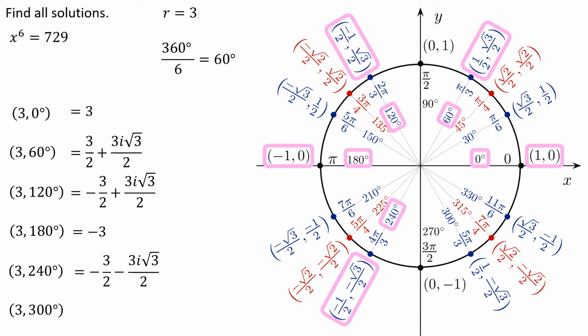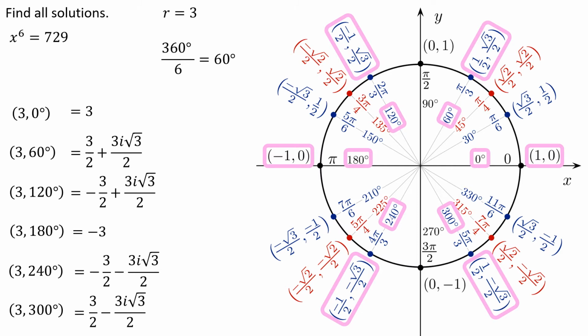We keep reusing that 3/2, although sometimes it's positive 3/2, sometimes it's negative 3/2. And we keep reusing the 3i root 3 over 2, although sometimes it's positive, sometimes it's negative. But as we work our way around the unit circle, we just keep reusing those same values.